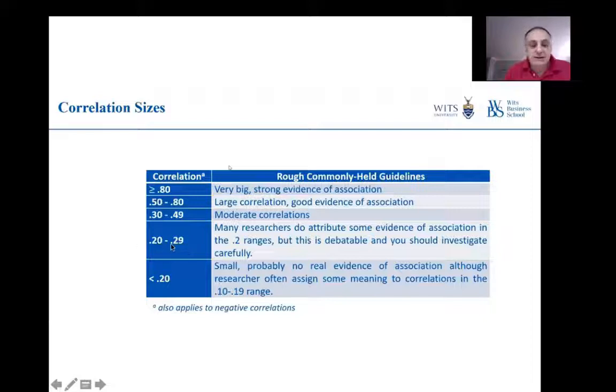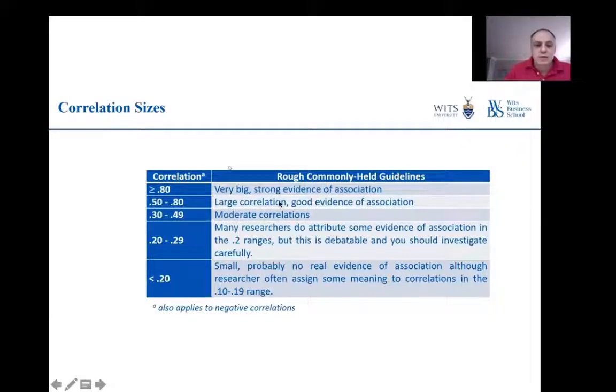That doesn't look like it's correlated, but from a correlation point of view, yes, it does. There's an attribute of some association between the two, some correlation. 0.3 to 0.49, moderate. 0.5 to 0.8, there's a large correlation, and anything bigger than 0.8 is massive.